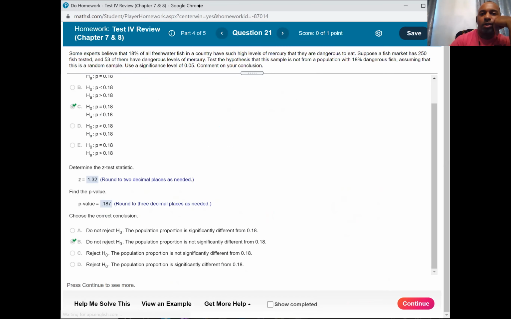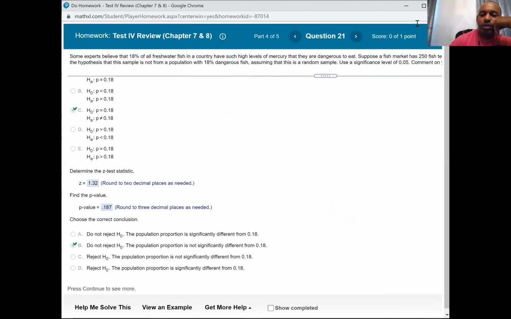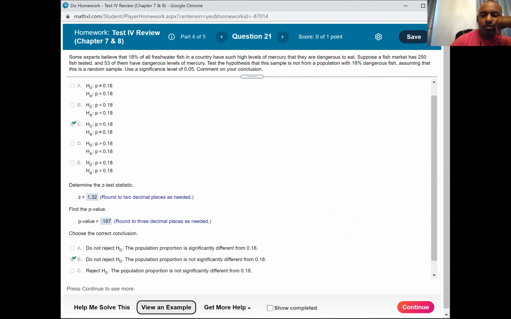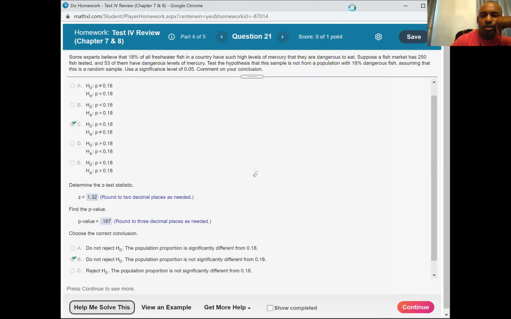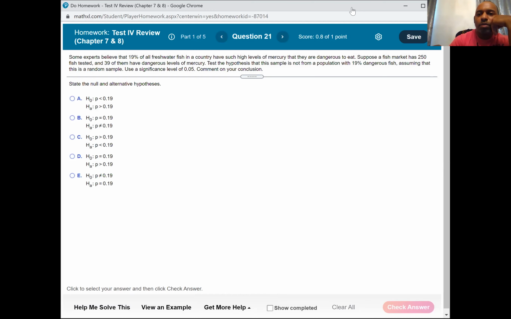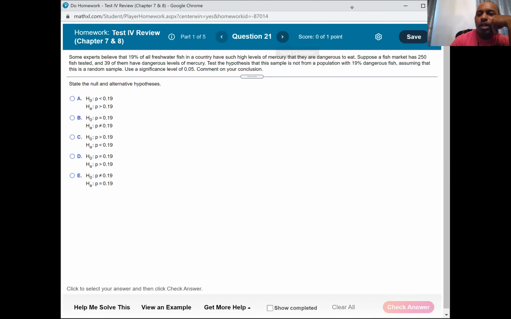Help me solve this and view an example is now down here. So view an example, help me solve this, and then get more help, there go your other tools. You can scroll up and down here. Any questions on this before we go to trying to find the e-text and all that stuff?